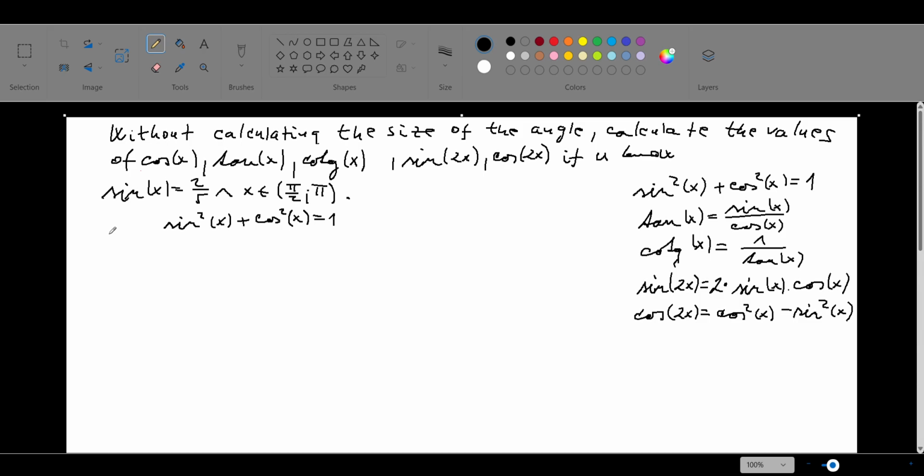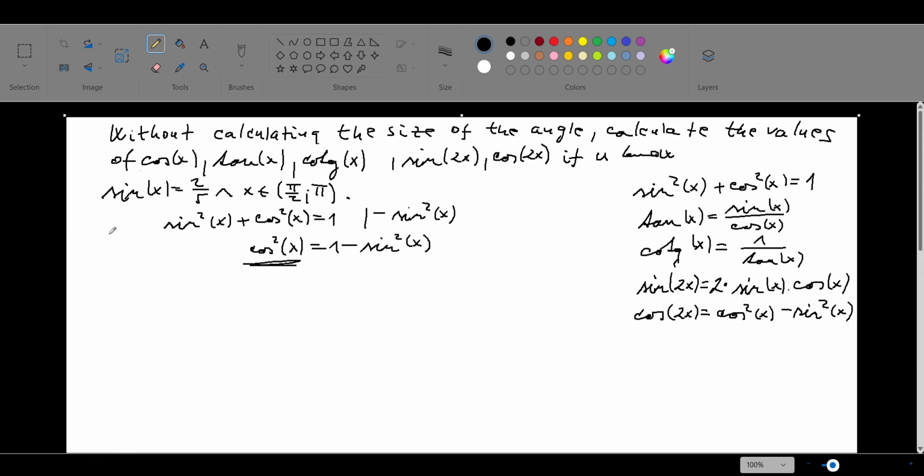If you want to find the cosine of x, you take away the sine squared of x, which means the cosine squared of x is equal to 1 take away sine squared of x.